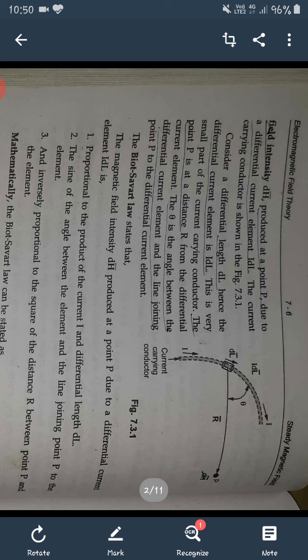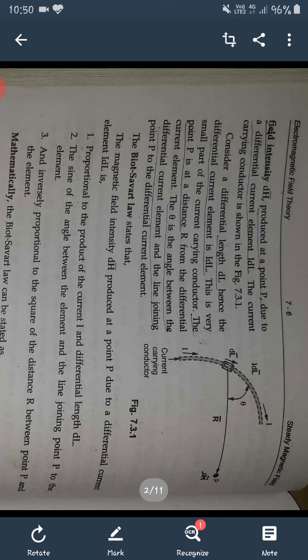The Biot-Savart's law states that the magnetic field intensity dH vector produced at point P due to differential current element IdL is proportional to the product of current I and the differential length dL.